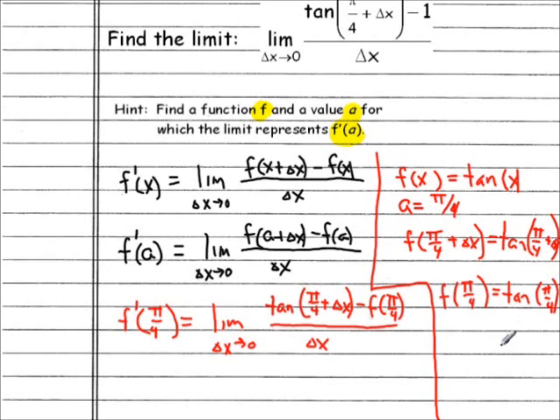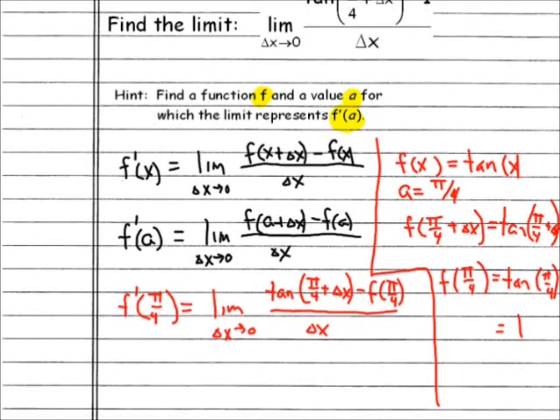And the tangent of pi over 4 is in fact 1, isn't it? Because the tangent of pi over 4 is the same as sine of pi over 4 divided by cosine of pi over 4. And that's when the sine and cosine are both square root of 2 over 2. So we have numerator and denominator the same, and so we have a 1 value for the fraction.